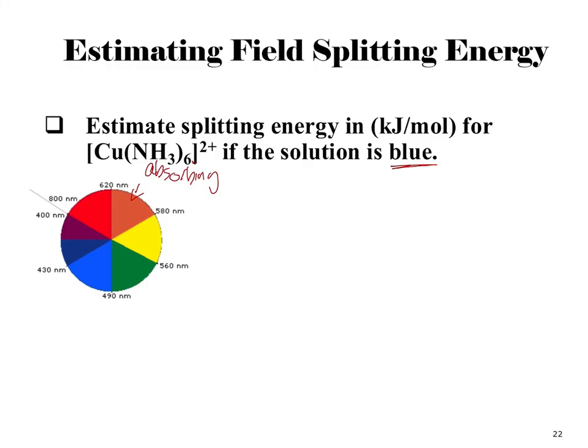Quantum mechanics says we can only absorb certain quanta of light, very specific energy values. And so if something is blue, that means we're absorbing in the orange range. And that means that energy is associated with that wavelength of light, that energy difference between the d orbitals in this case. And so that energy is called the crystal field splitting energy. Right, so this is the crystal field splitting energy.